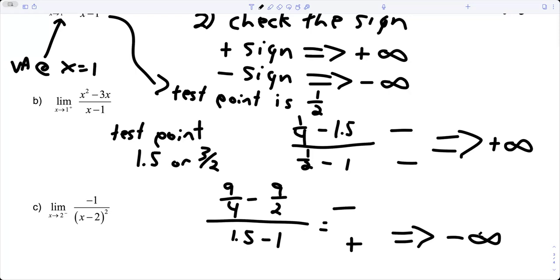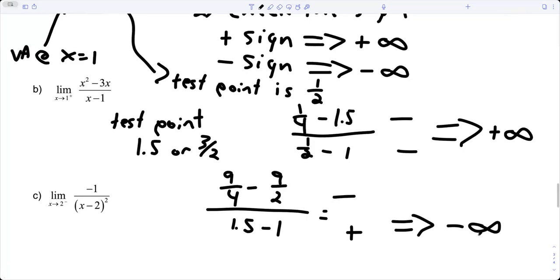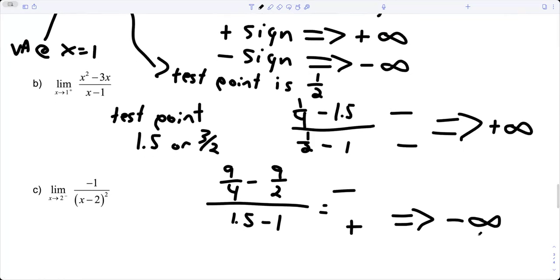That makes sense? Let me do one more quickly here. On this one, it's the limit as x goes to 2 from the negative side. There's a vertical asymptote at x equals 2, because if I plug in 2, I get a 0 in my denominator. However, what do you notice about the denominator?